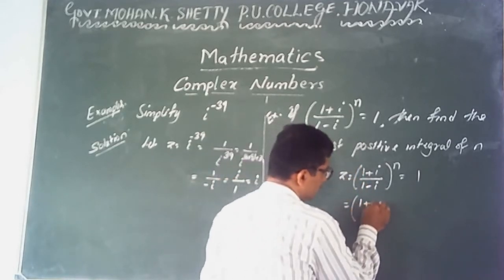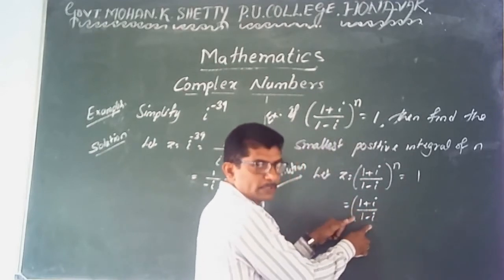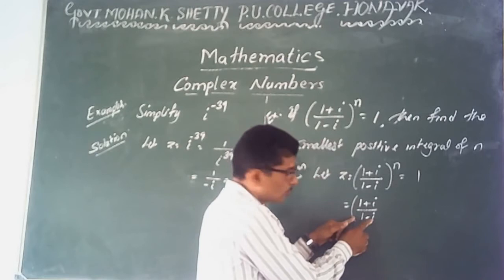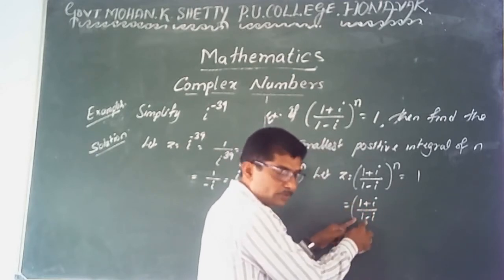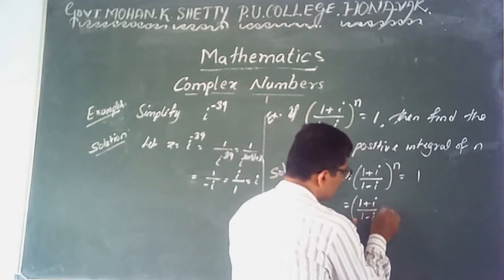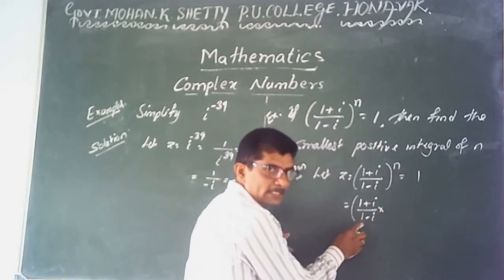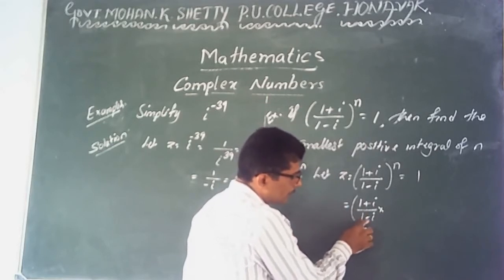Here 1 divided by 1 minus i is the multiplicative inverse of 1 minus i. Clear? Raised to n, it can be written by multiplying both numerator and denominator by 1 minus i.